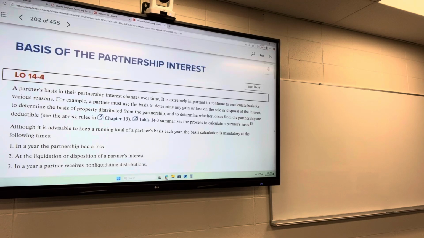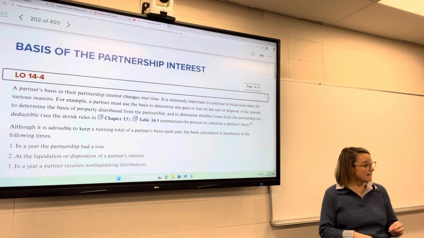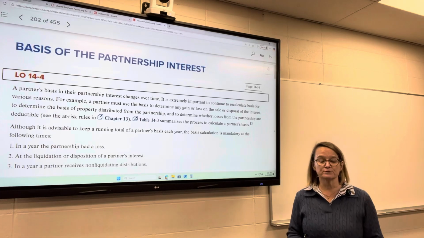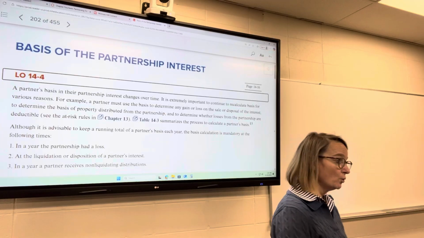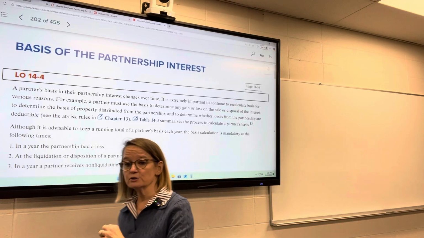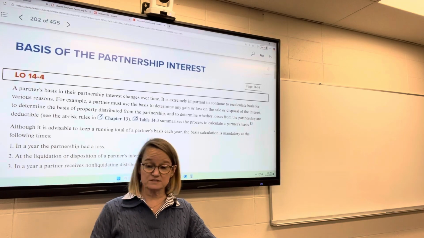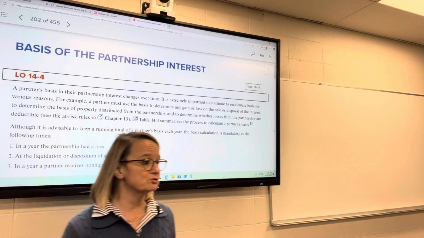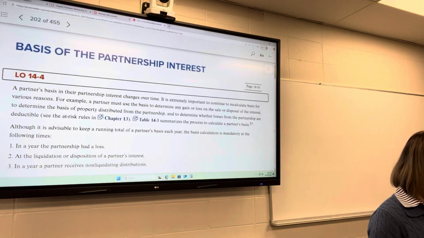Because if the partner decides that they're going to sell their share of the partnership, we need to know what that basis is in order to calculate any gain or loss that they have on that.